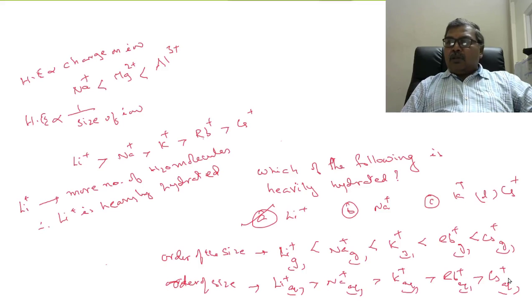But in aqueous solution, Li+ is surrounded by a large number of water molecules. That is why its size abnormally increases in aqueous solution. So in aqueous solution, the size order is just reverse to it. Remember, Li+ in gaseous state has minimum size, and Li+ in aqueous solution has maximum size.